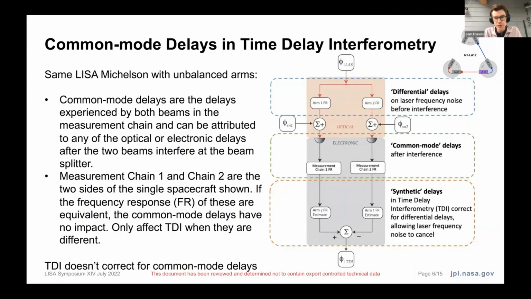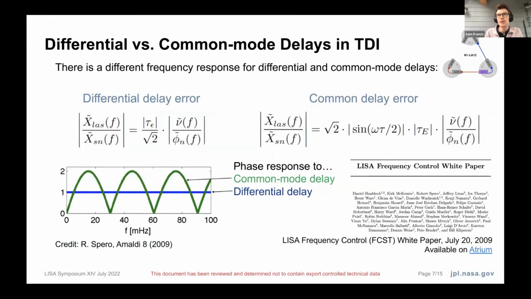In this particular realization of TDI, these delays are not going to be corrected. So the only way they won't have an impact on the measurement is if measurement chain 1 and measurement chain 2 have the same frequency response, that is, if the delays are matched between these two measurement chains. For a lot of components, in the phase meter for example, and the optics, as I mentioned, these delays will be matched, but we think potentially in the photodetectors, they won't be.